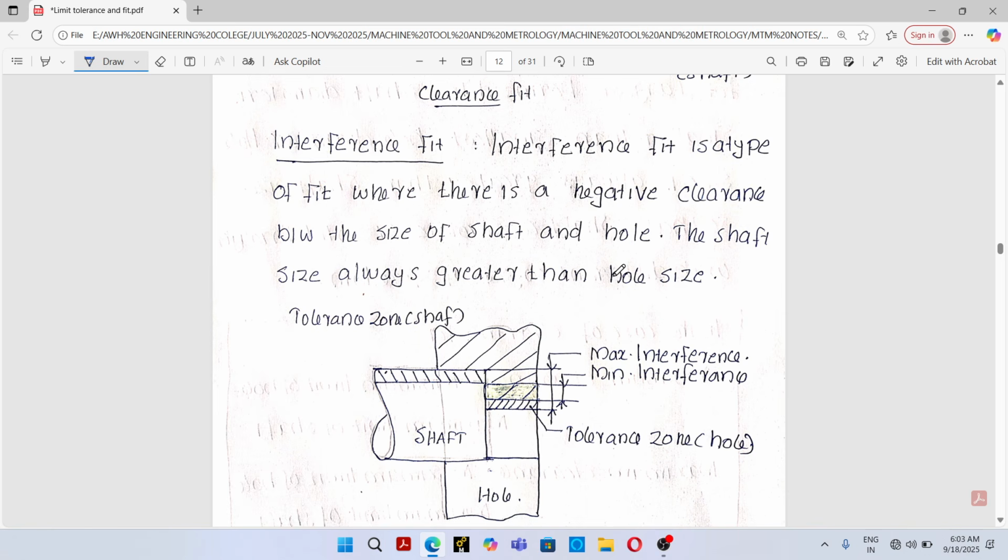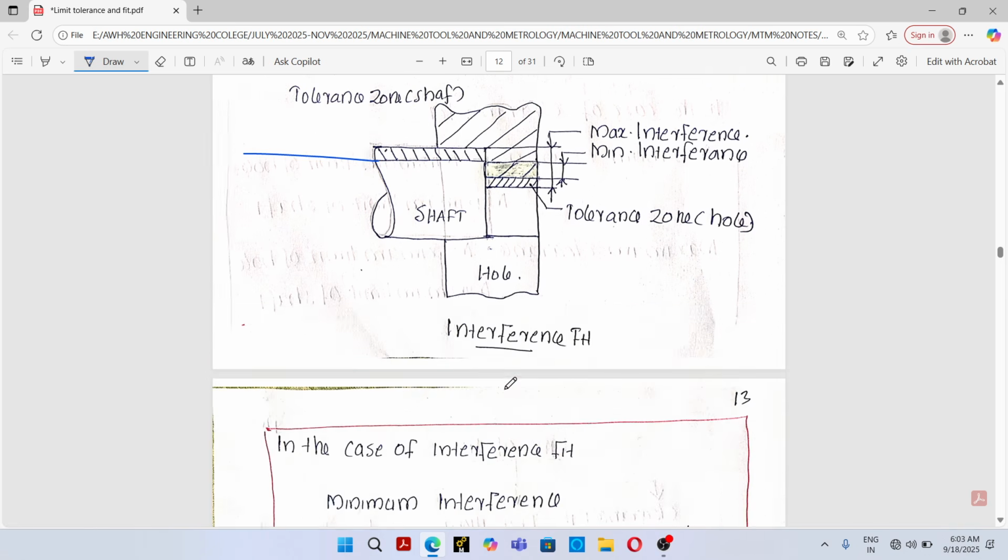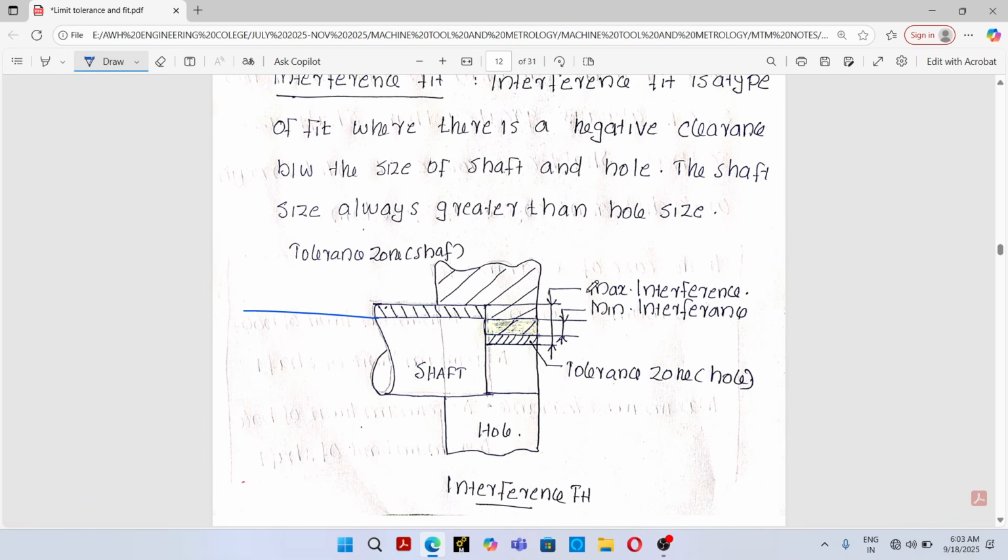So in the case of interference fit, minimum size of shaft will always be greater than maximum size of hole. So lower limit of shaft will be greater than upper limit of hole. So there will always be a negative clearance between shaft and hole. See, this is the interference fit.